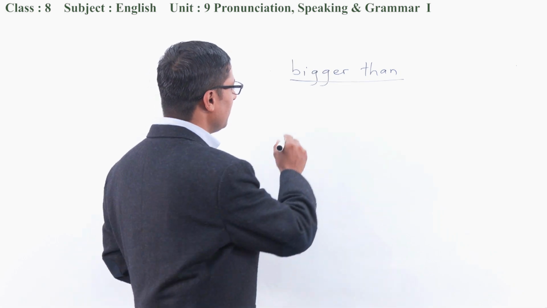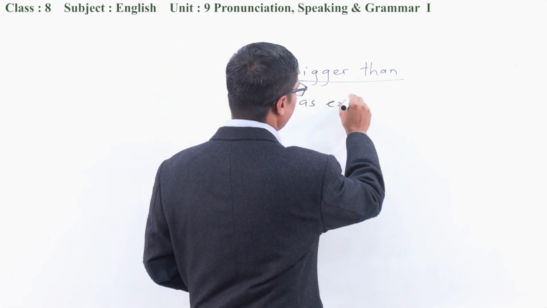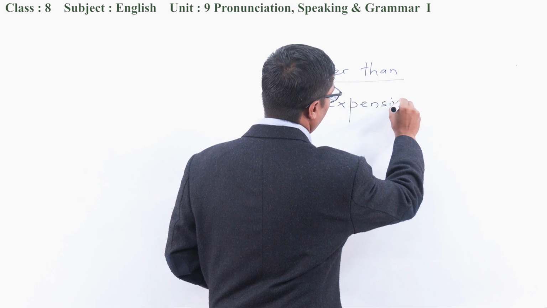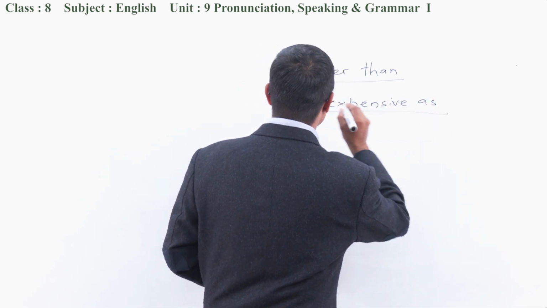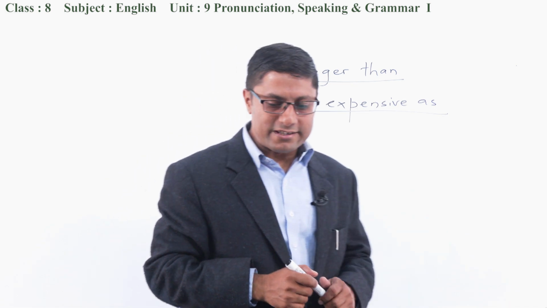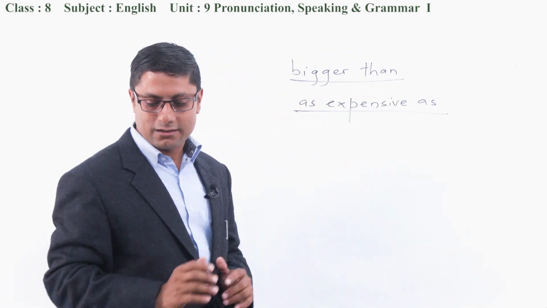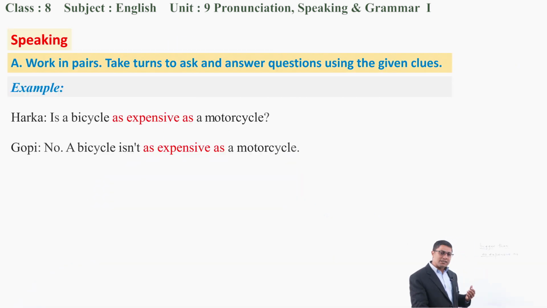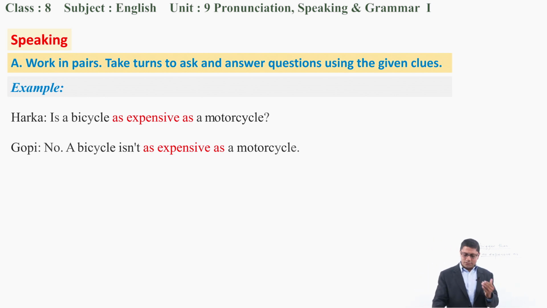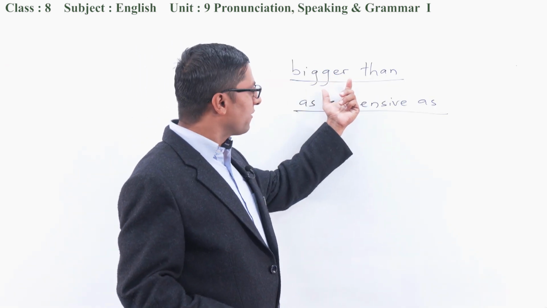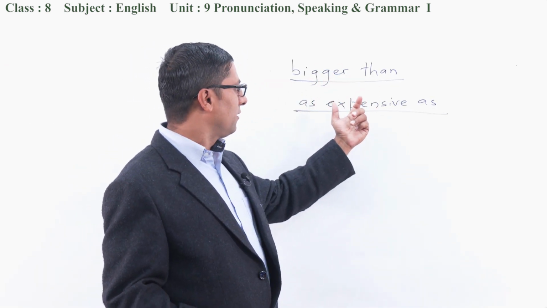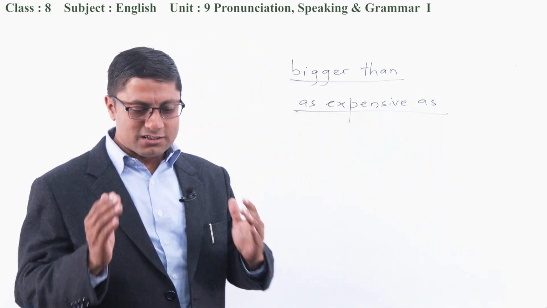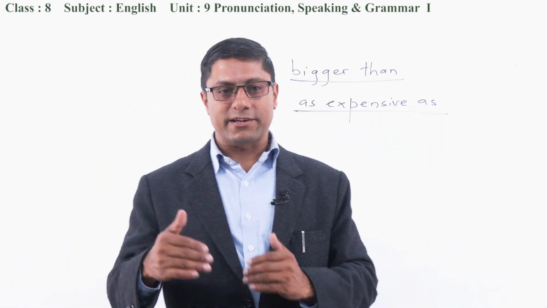But in this conversation, you can see as expensive as. So see here, we have two different ways to compare between the things. Here also bicycle and motorcycle, two things are compared but using as expensive as. So you need to remember these two things to do the exercises later. Okay? So one using comparative degree, another using as, then adjective, as. So these two ways you can use while making comparison.